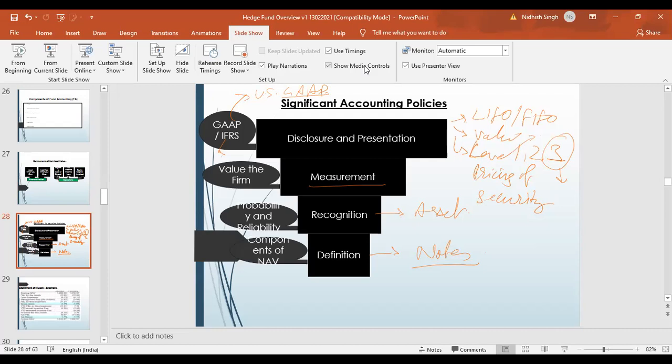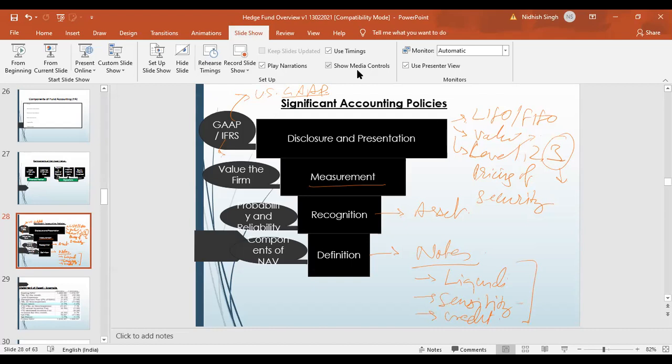Because the disclosure notes will also include, say, a liquidity table or liquidity risk, sensitivity risk, credit risk. They are a core, critical component of any financial statement or even the NAV, because any investor or the investment manager should be well aware of what are the counterparty risks that they are having. What is the liquidity risk?